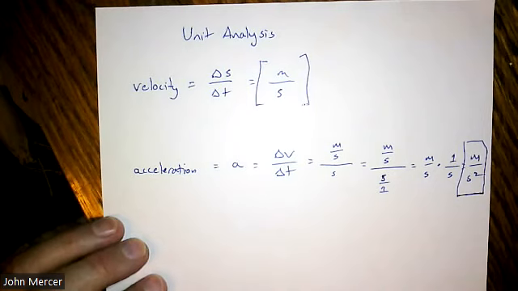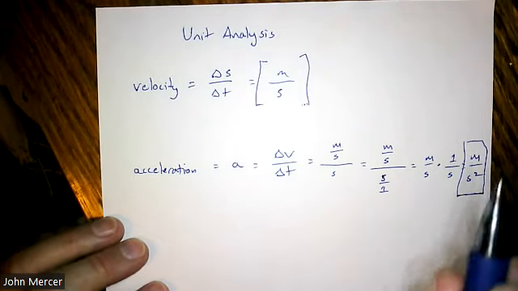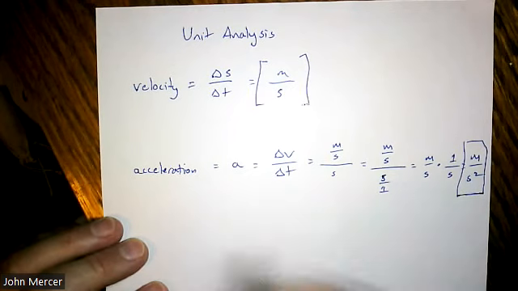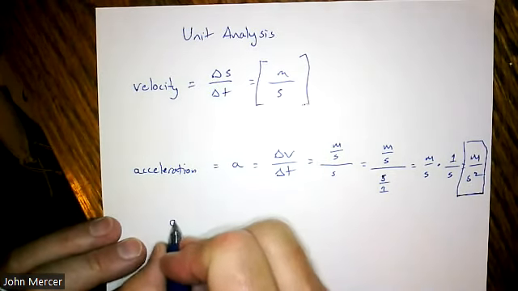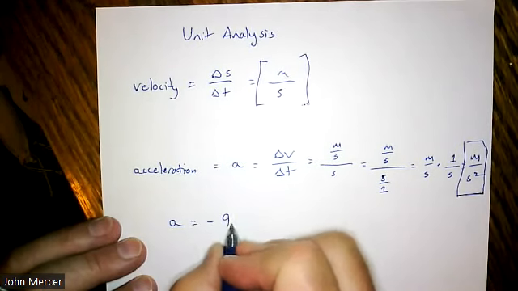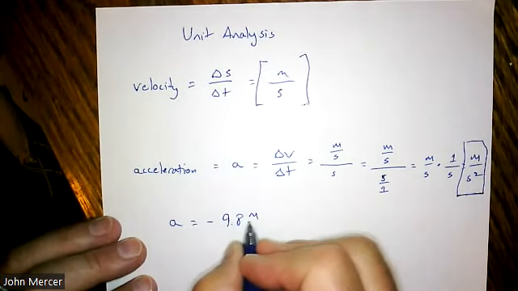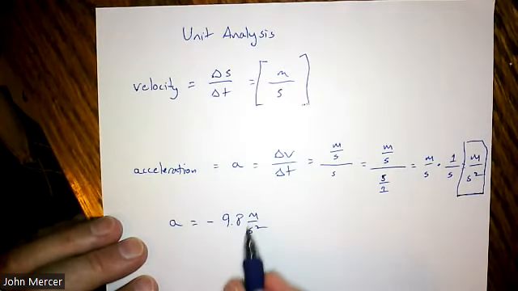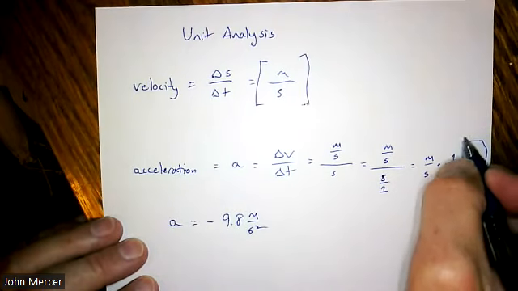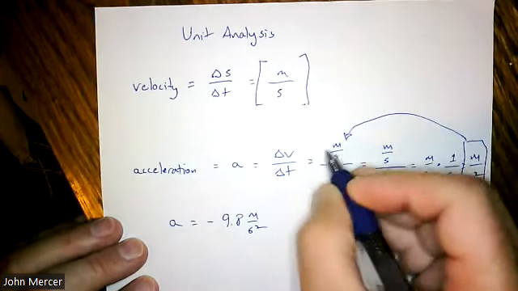You are probably very familiar with this type of set of units, in that we often say acceleration due to the force of gravity is equal to negative 9.8 meters per second squared. Sometimes this meters per second squared just gets sort of nebulous in terms of what it means. Well, what it means is exactly what we derived, and it means this right here.